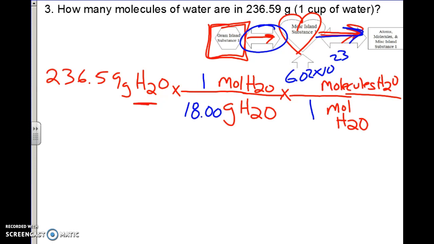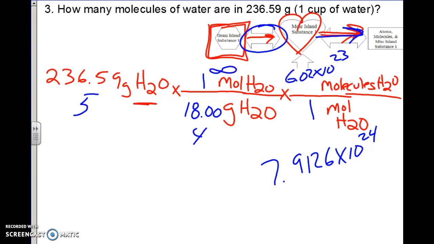We crunch that in our calculator, and you get 7.9126 times 10 to the 24th. We look at the sig figs. Here we have 5 sig figs. Here we have 4. Here we have infinite. Here we have infinite. And here we have 3.